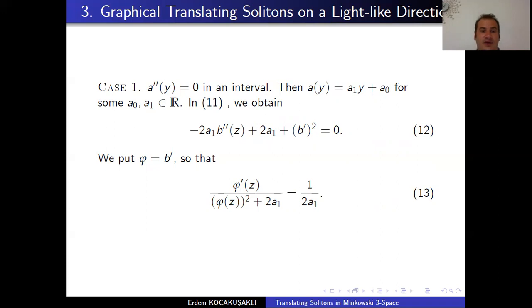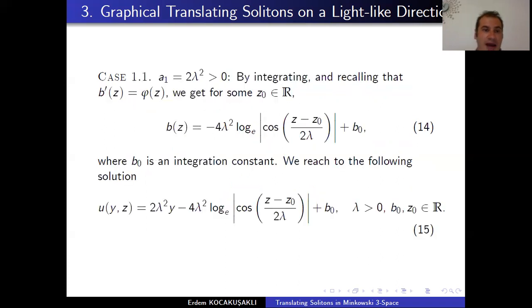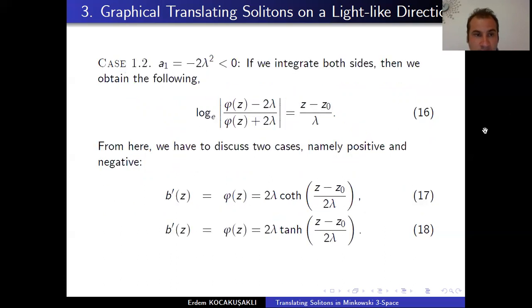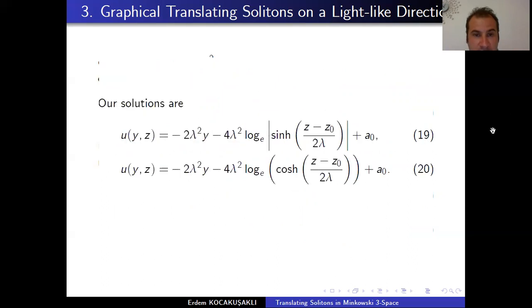If we change the variable, phi equals b prime, then we have equation 13. In case 1.1, if e1 is bigger than 0, then we have the solution u given in expression 15. In case 1.2, if e1 is less than 0, after some computations, we have solutions given in expressions 19 and 20.